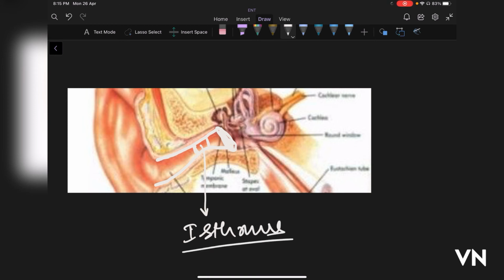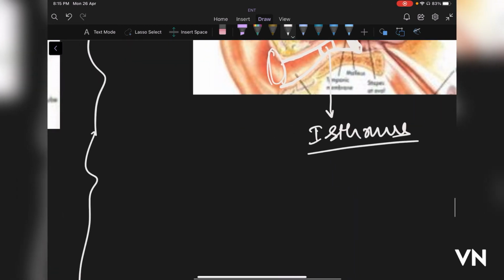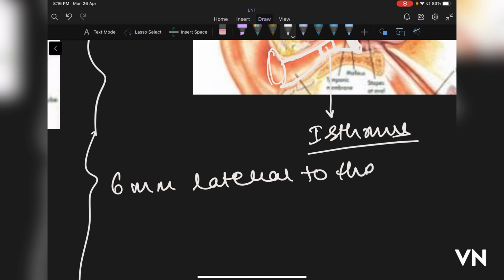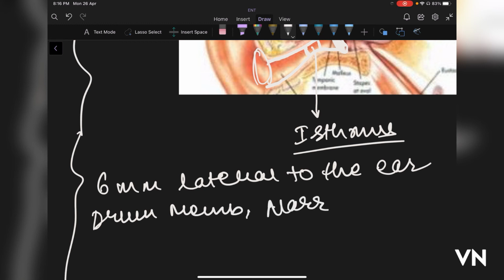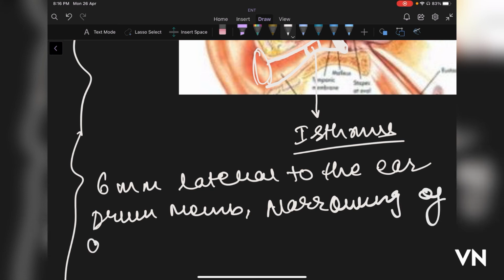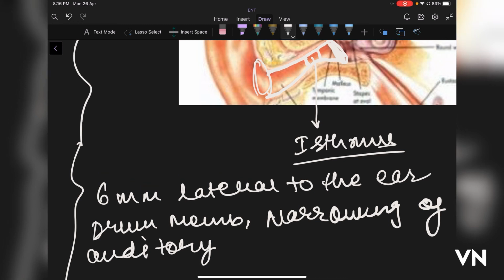This is your isthmus, 6 mm lateral to the eardrum or tympanic membrane. It is the narrowing of the auditory canal. So basically 6 mm lateral is the narrowing of the auditory canal, and that is called your isthmus.